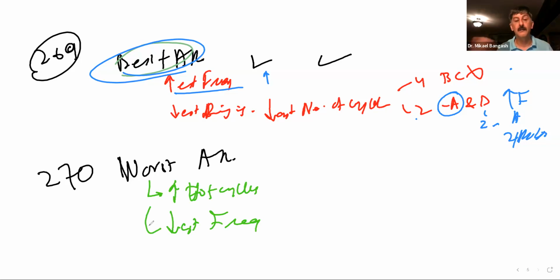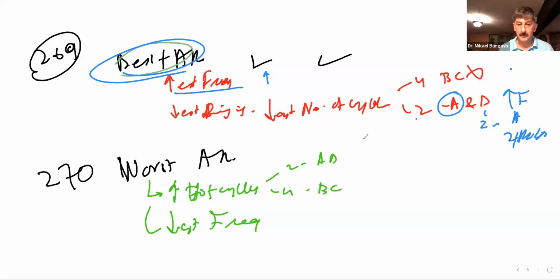The exclusion method is the easiest way to answer these types of questions. We just exclude the ones with the lowest number of cycles. Again, we have 2 numbers, 2 and 4 cycles. Where do we have 2? A and D. Where do we have 4?